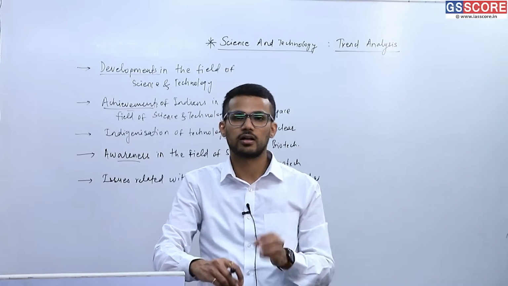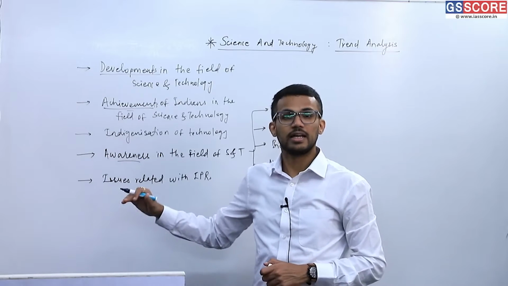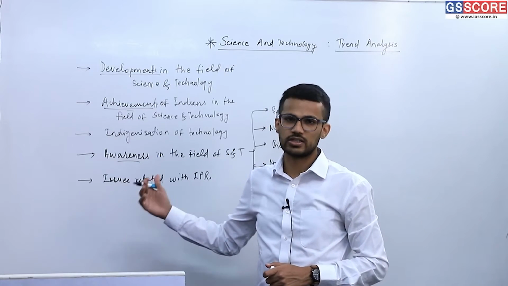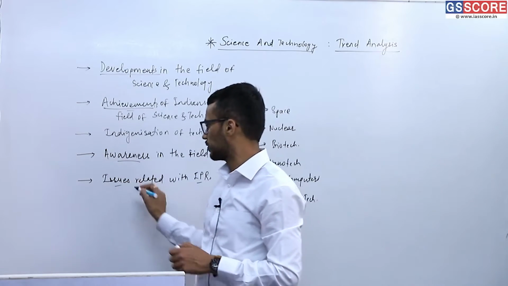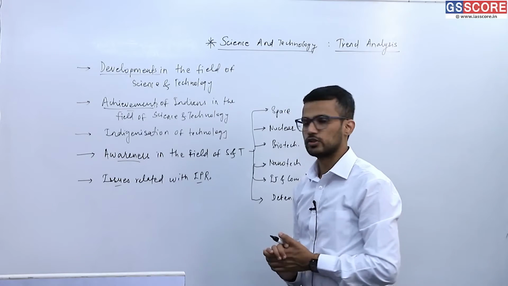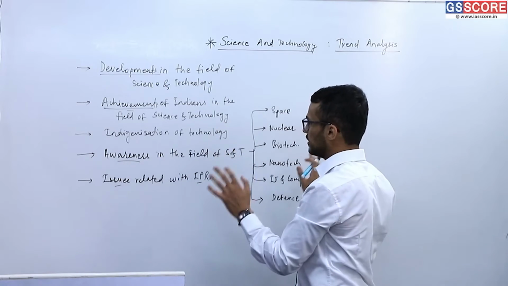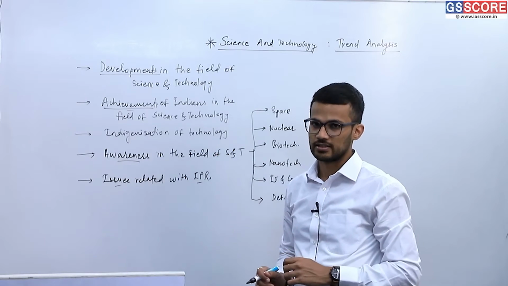For example, these are in the form of patents, copyrights, trademarks, industrial designs, trade secrets, etc. We are supposed to discuss the issues related to those intellectual property rights. So this is the syllabus that UPSC has given in the mains examination.